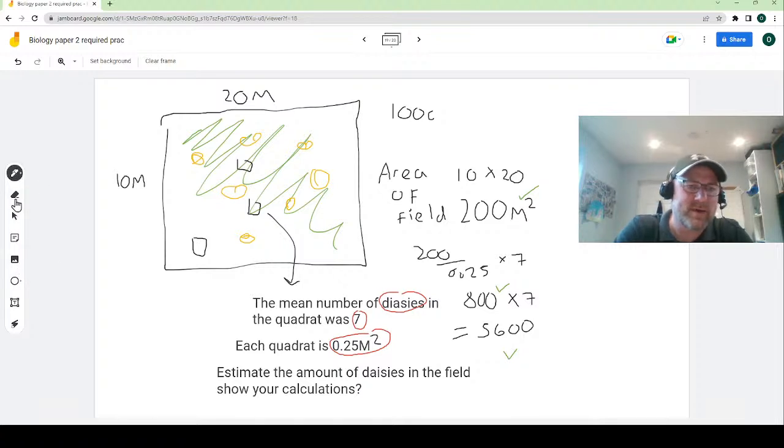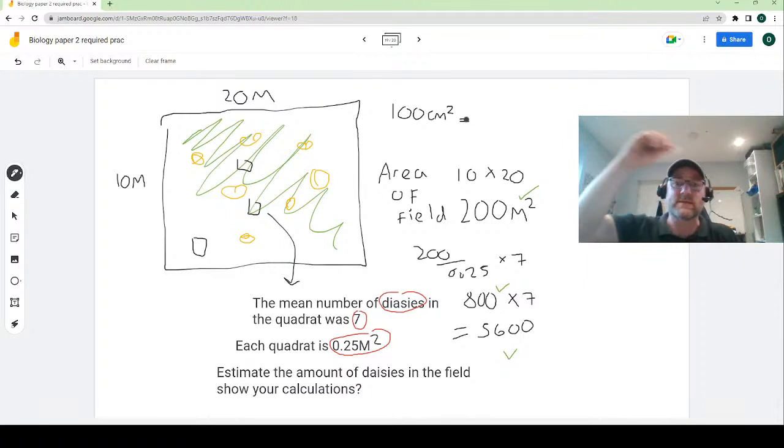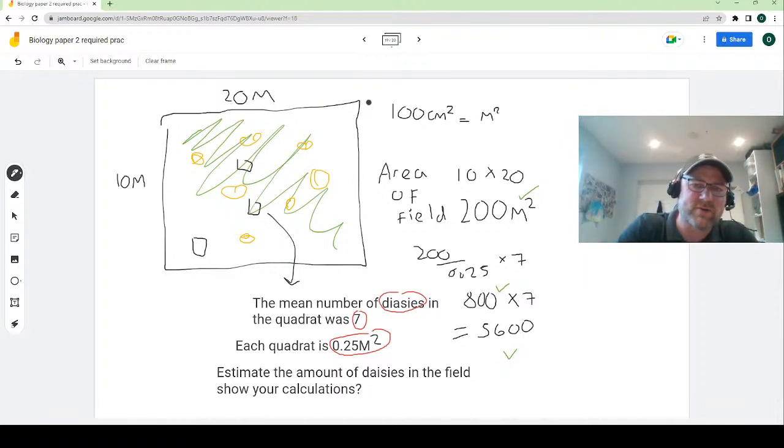Just to make sure that you guys know how to convert centimeters squared into meters squared. I was just trying to think of what would be a good size of a quadrat.